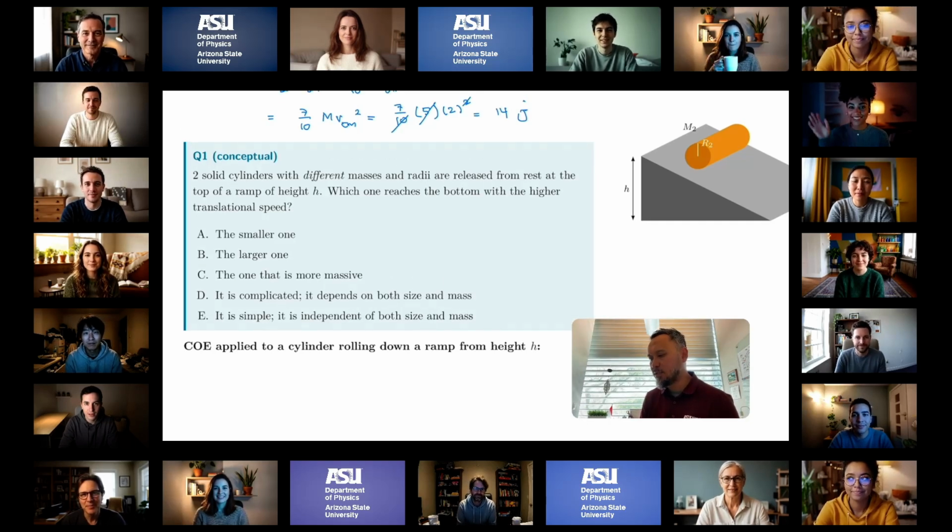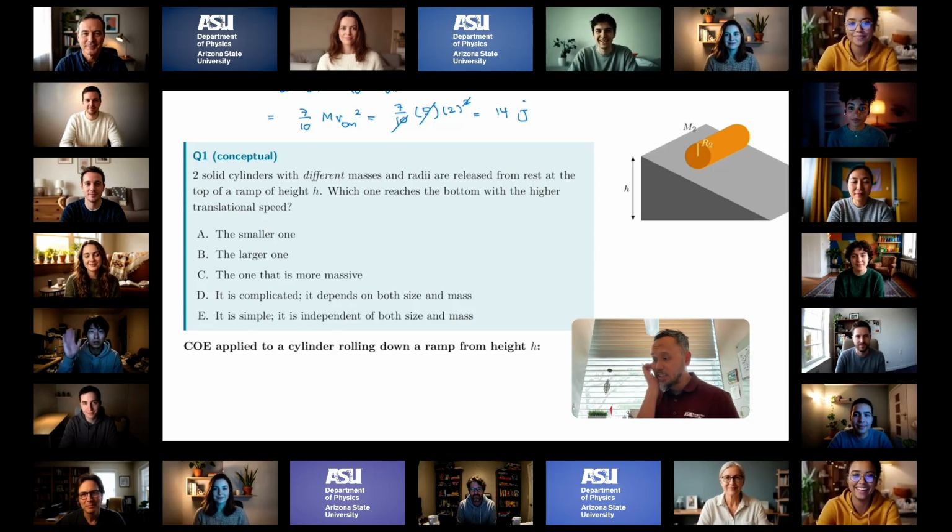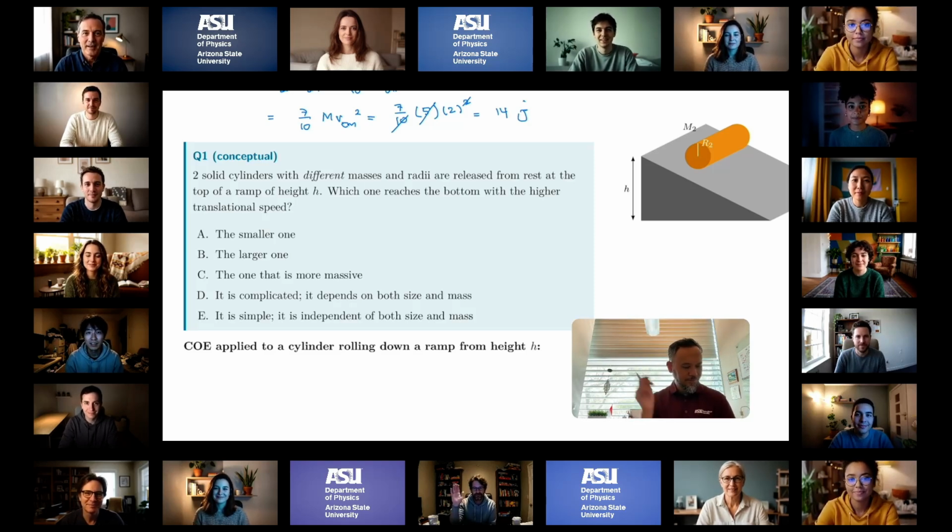Two solid cylinders with different masses and radii are released from rest at the top of a ramp of height h. Which one reaches the bottom with the higher translational speed? How to tackle this problem?